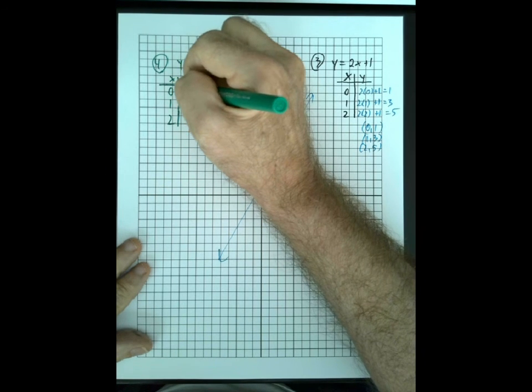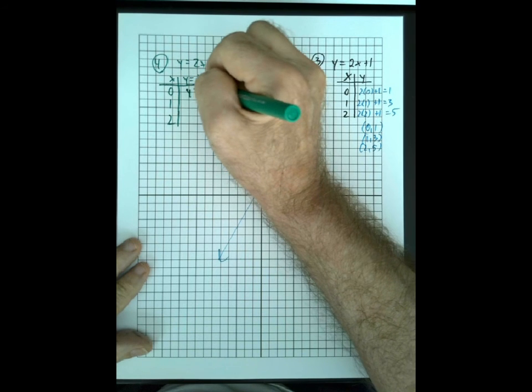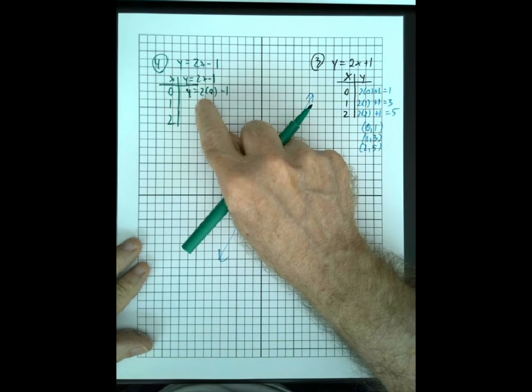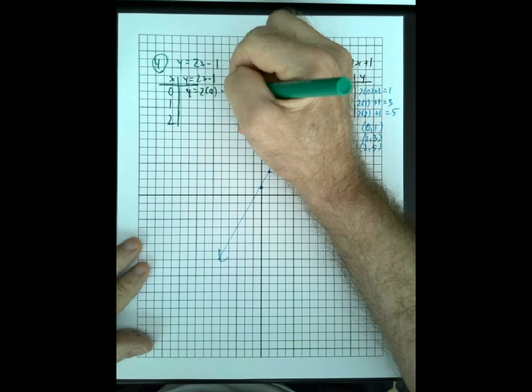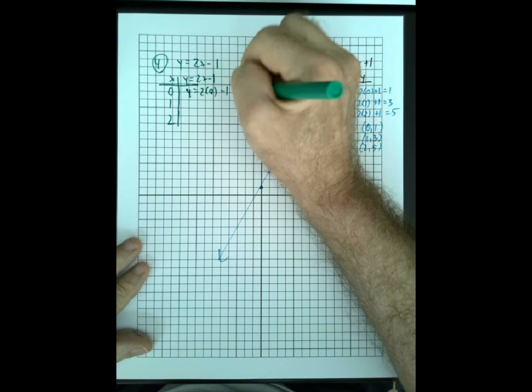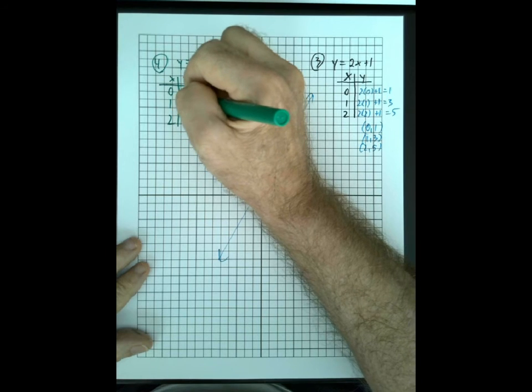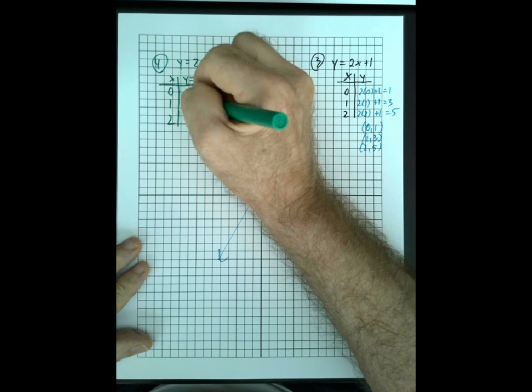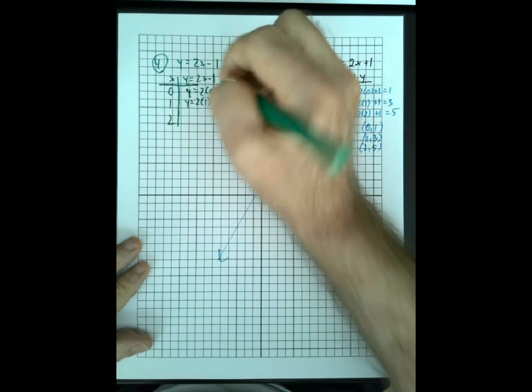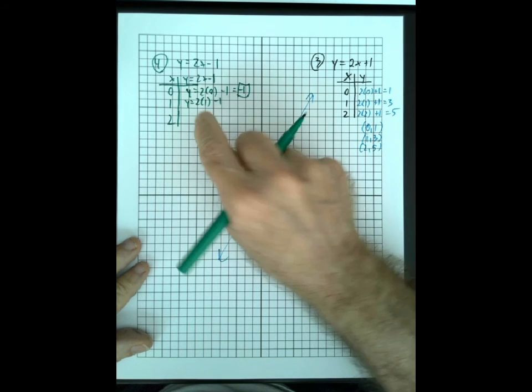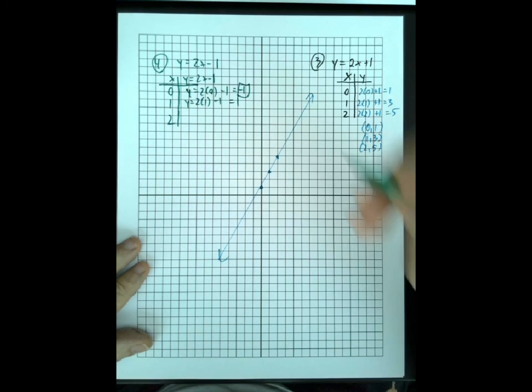So the y number is equal to 2 times 0 minus 1. 2 times 0 is 0, minus 1 is negative 1. Here, the y number is 2 times 1 minus 1. 2 times 1 is 2, minus 1 is 1.